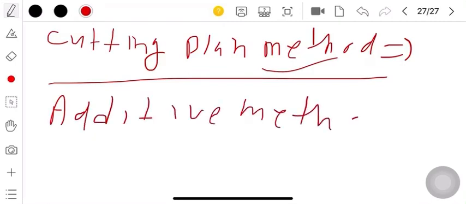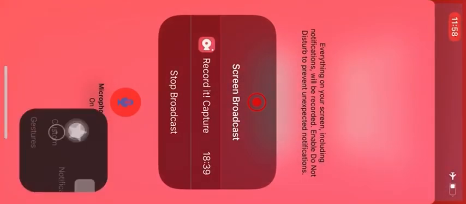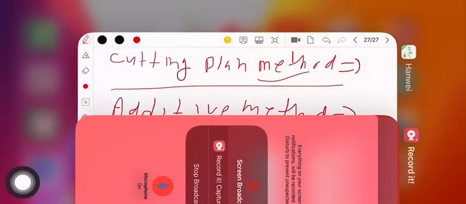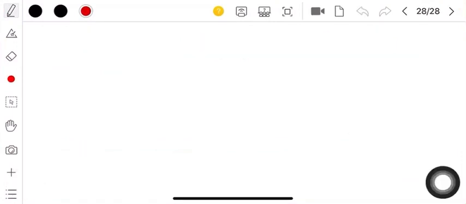So what does the additive method say? Let me discuss.